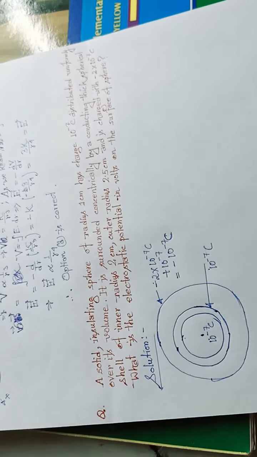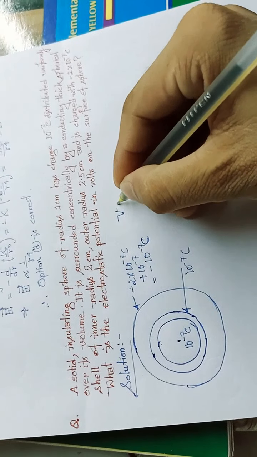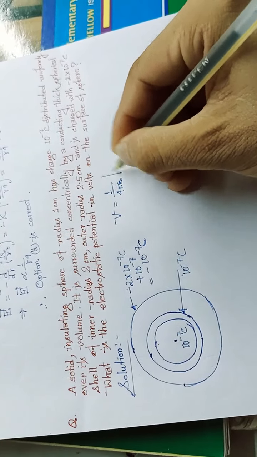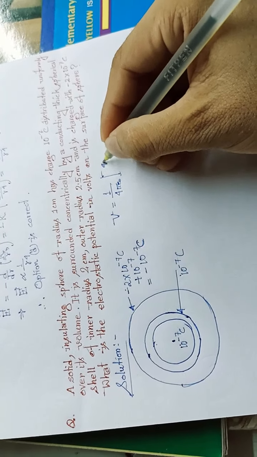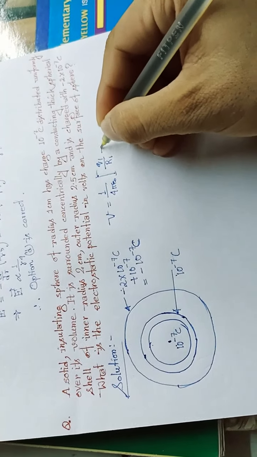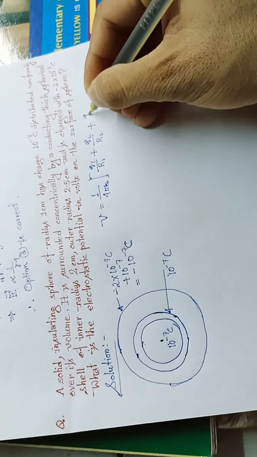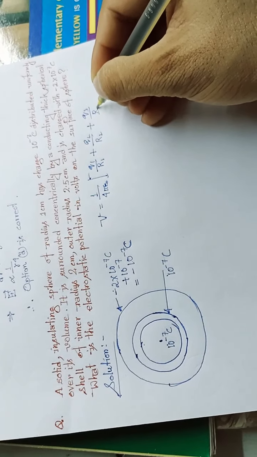Now our net potential V will be equal to 1 divided by 4 pi epsilon naught into Q1 divided by R1 plus Q2 divided by R2 plus Q3 divided by R3.